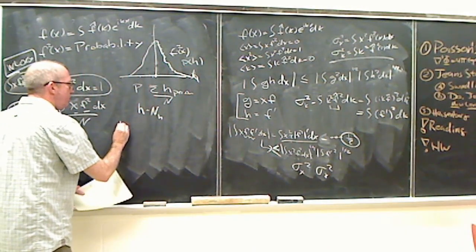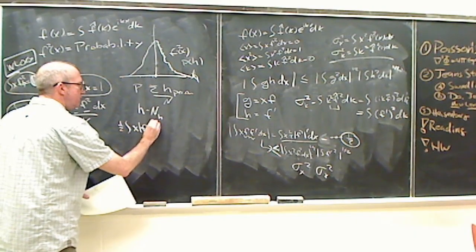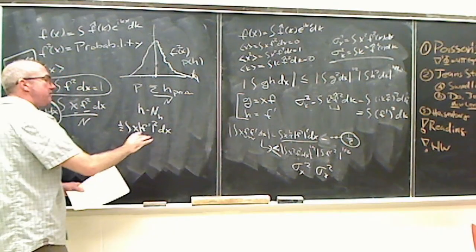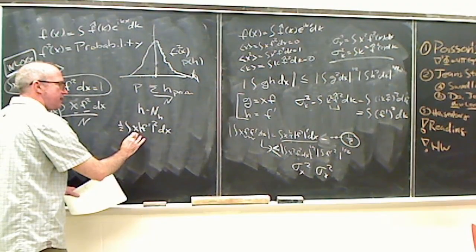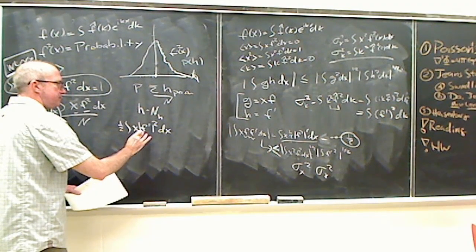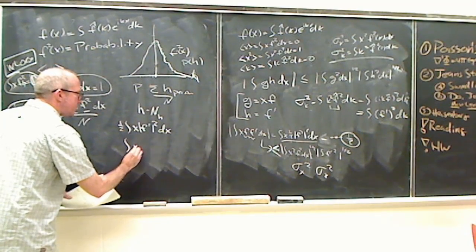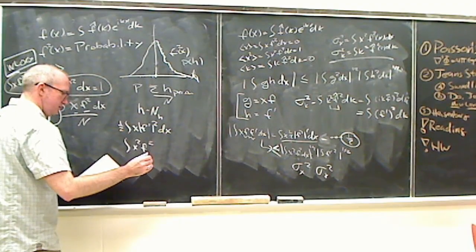So I get a 1/2 integral of x f prime squared dx. I integrate that by parts, and I get a first thing times the derivative of this second thing, and this turns into the integral of x squared f squared.